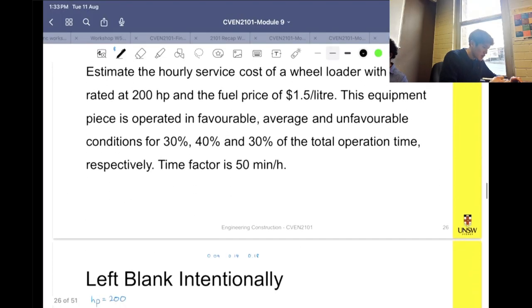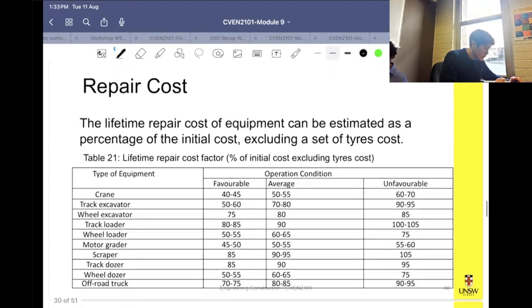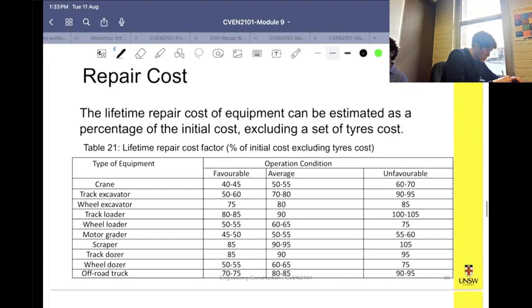Should be a bit lower here. Yeah. So as I said, it's a wheel loader, and then for favorable it's here, and average is here. So yeah, for these values where it's given in a range, it doesn't really matter what you pick as long as it's in that range.